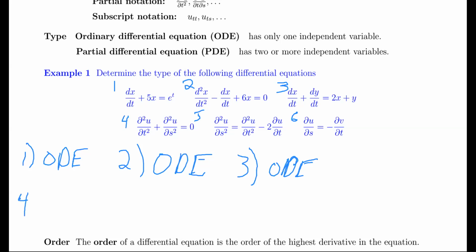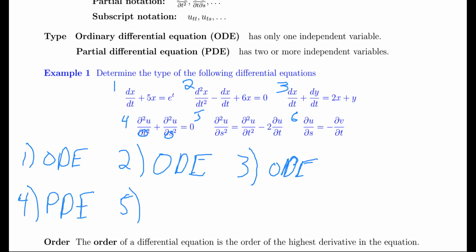Number 4. We're using our partial notation, and we notice there are two independent variables here, t and s. So this is a PDE, because we are taking derivatives with respect to two different variables. Number 5.